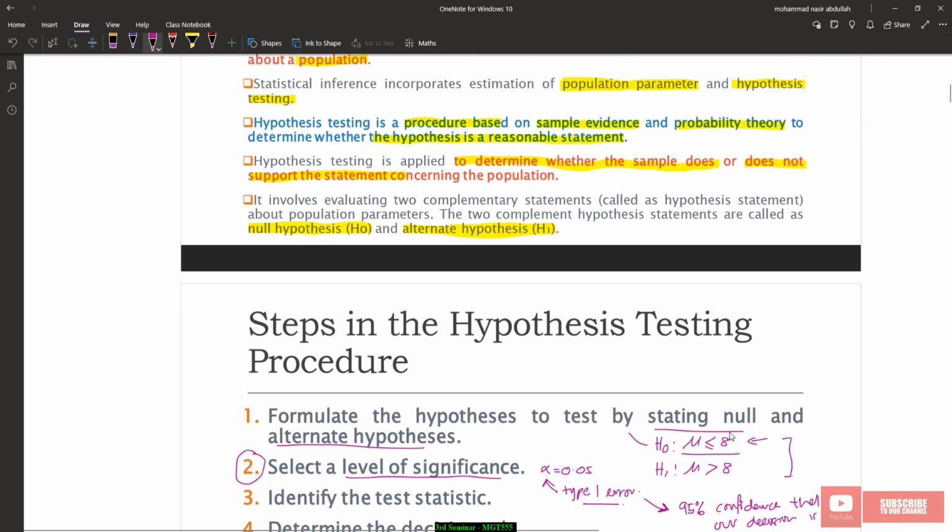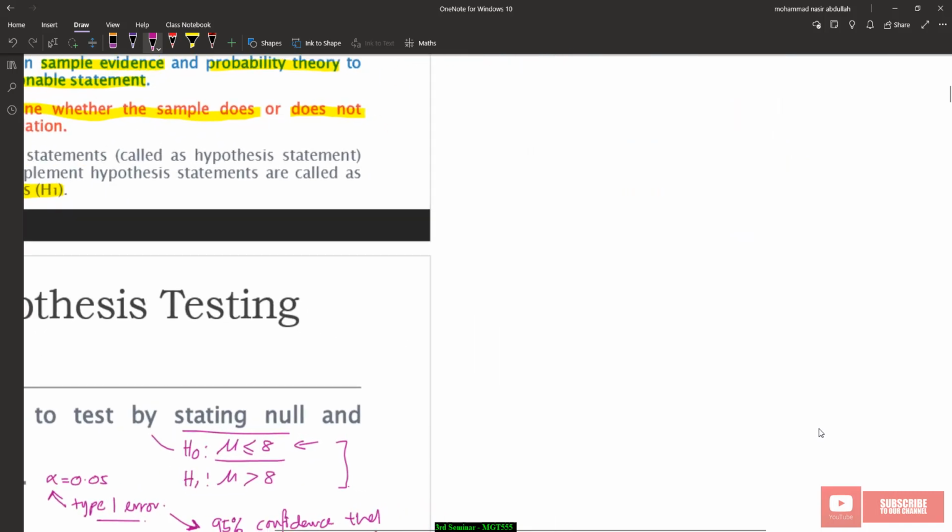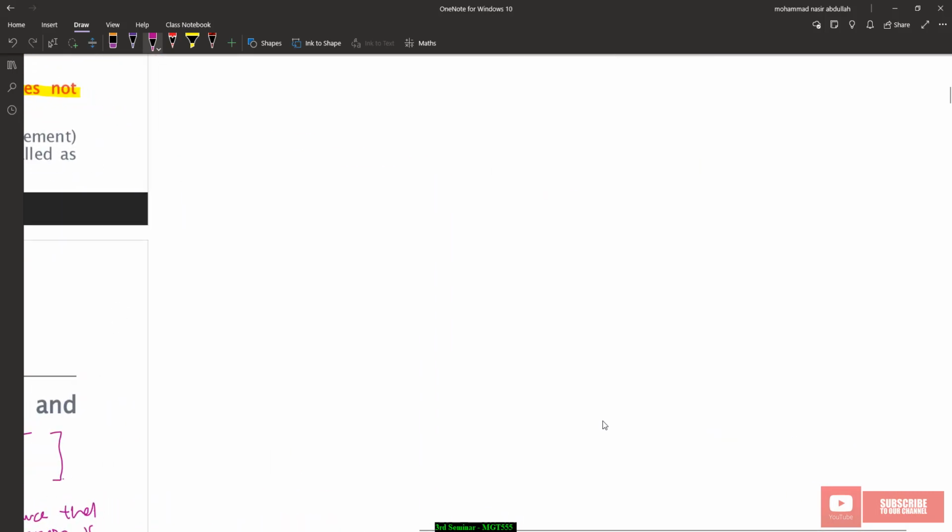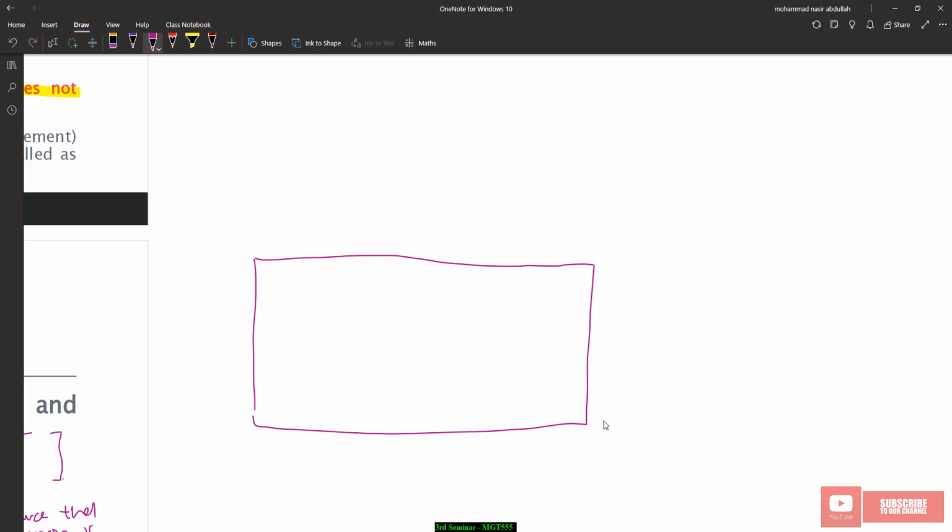Sekejap. Sometimes dia ada macam ni. Dalam table ni lah, I bagi you faham apa maksud level of significance, the type 1 error. Sometimes we have two conditions. First is actual condition.